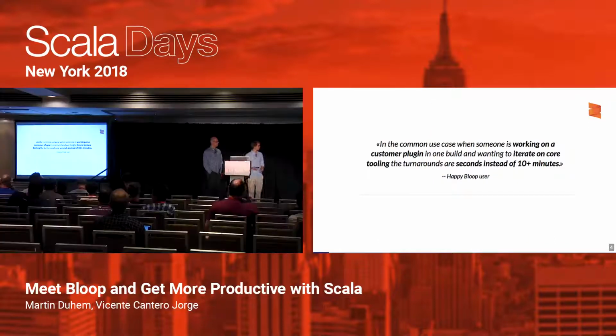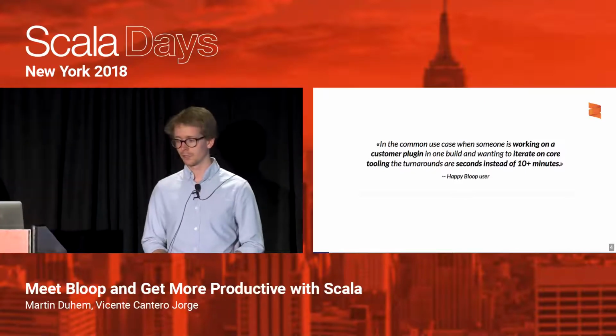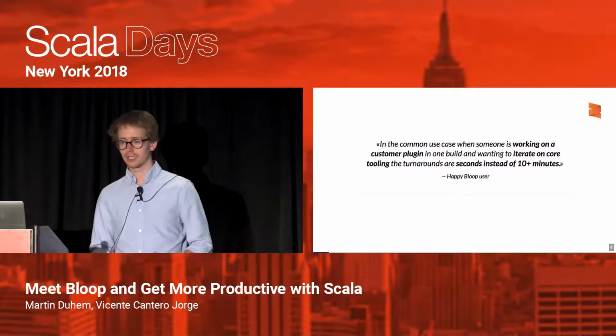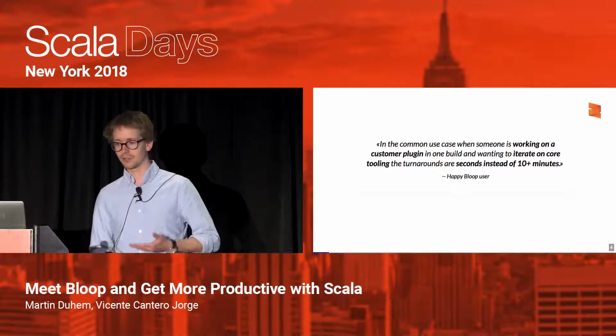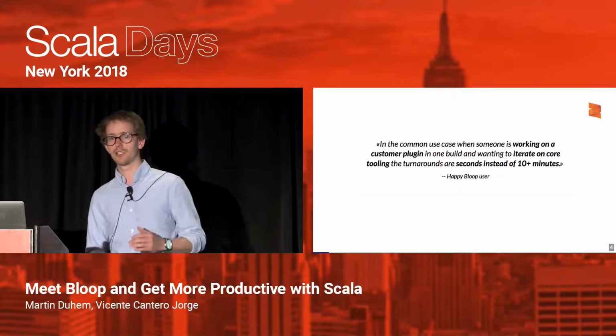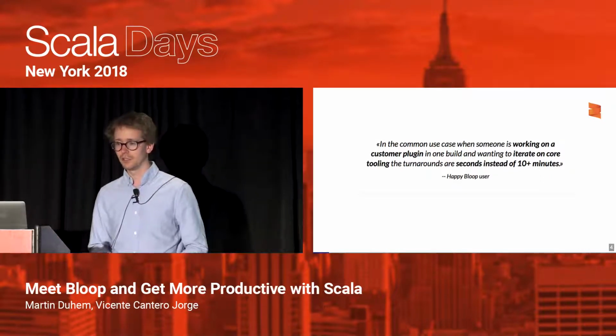I would like to start the presentation with one report that we got on our GitHub channel for Bloop. It's from a user of Bloop who is pretty happy because they have a large project with libraries built on top of libraries and so on until they reach the top, where they have customer plugins that they deliver.